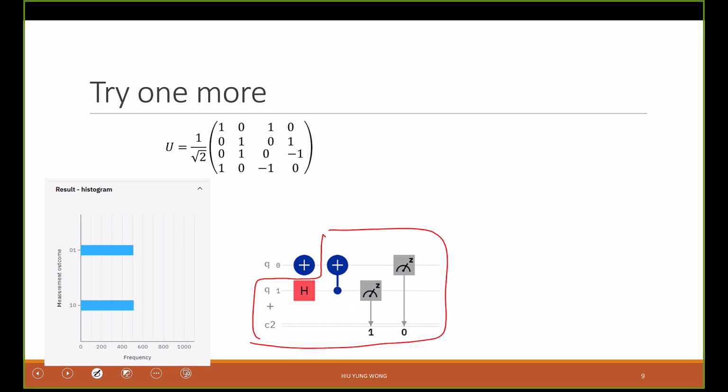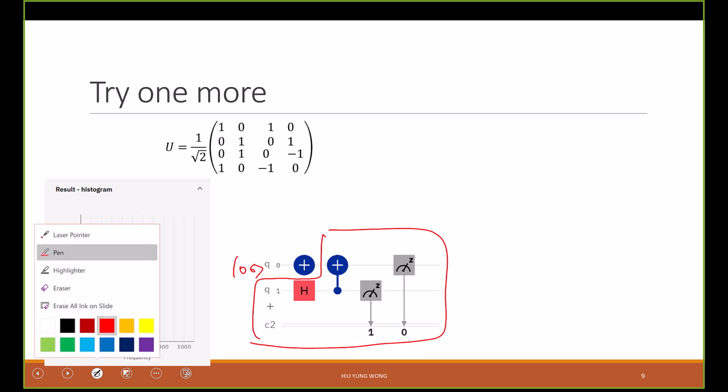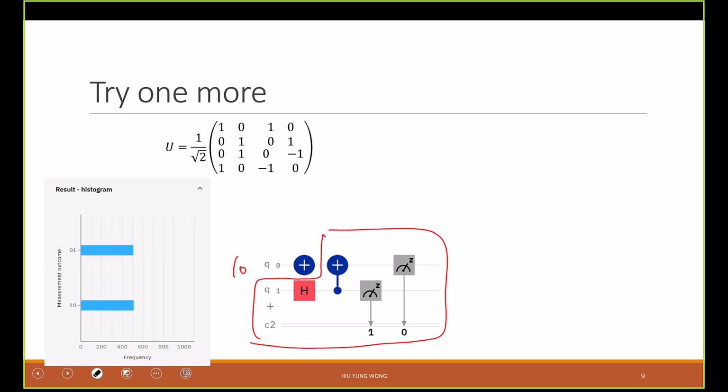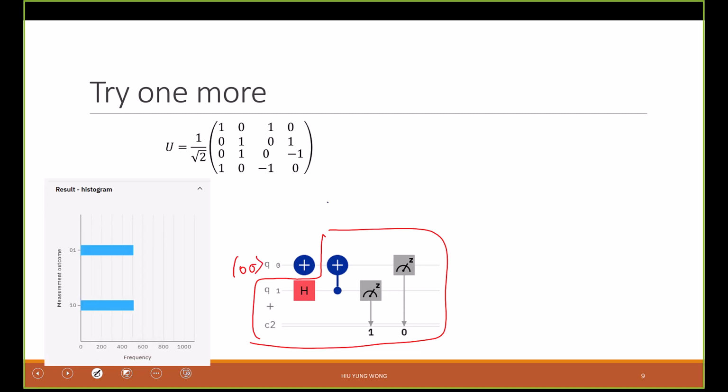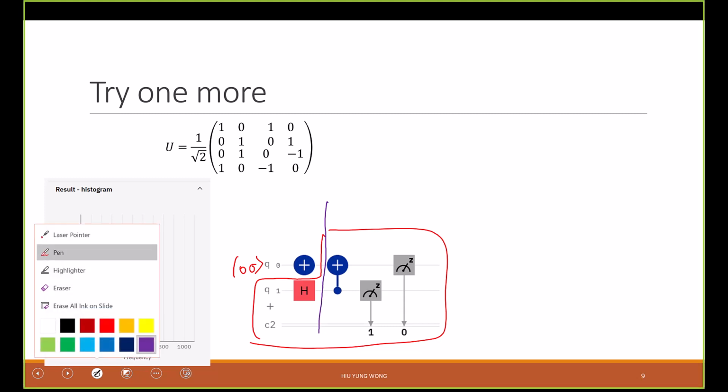Then what's the only difference? The NOT gate. So if this is 0, 0, right? I need you to be able to trace this. This is 0, 0. What is this? At this, oh no, this is not good. Should be before. I did not draw a good circuit.